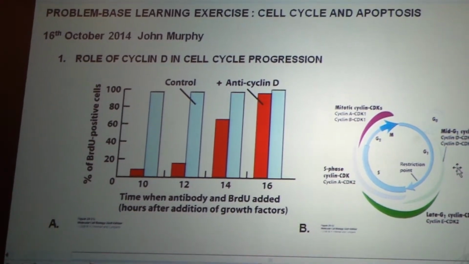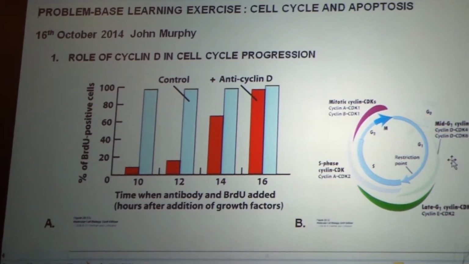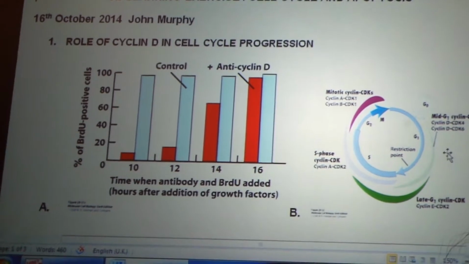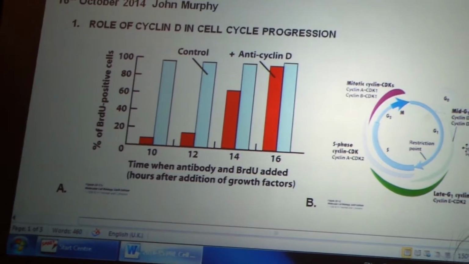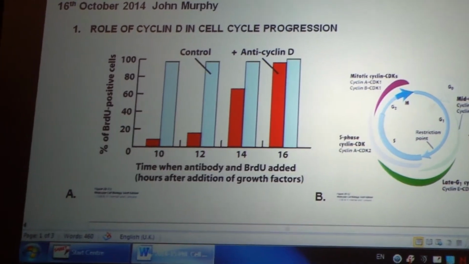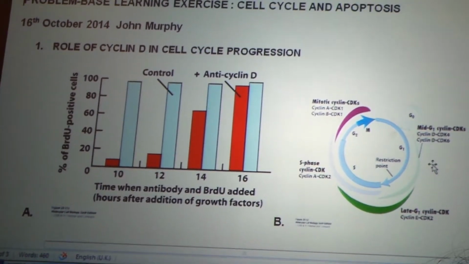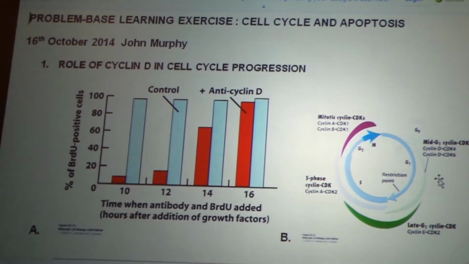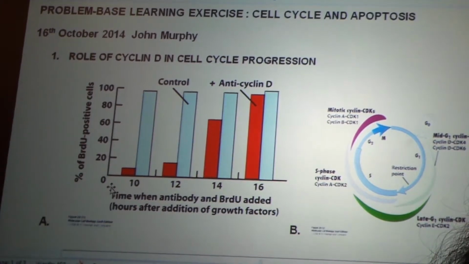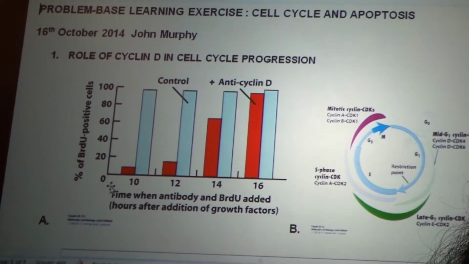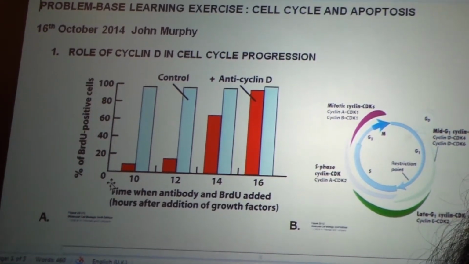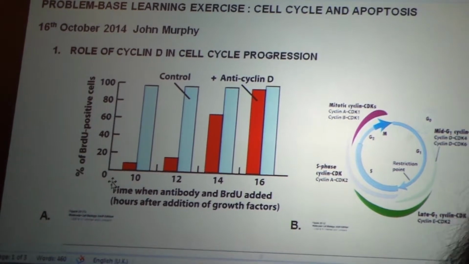However, the important point is the cyclins are required for particular parts of the cell cycle. Different ones are required to take the cells through different parts of the cell cycle. Does that shed any light on this data? Nobody sees what this is showing?